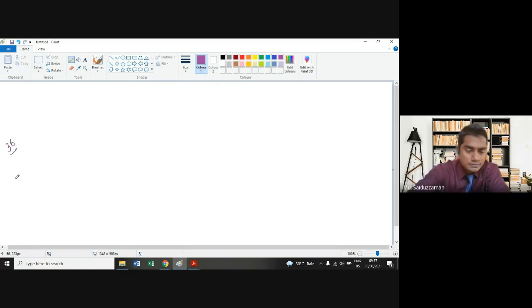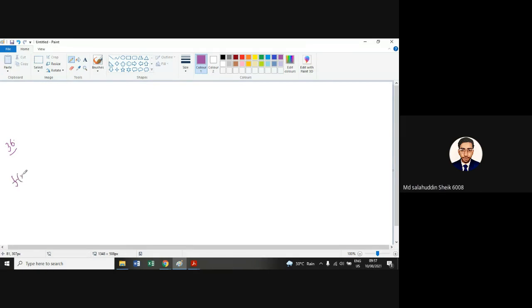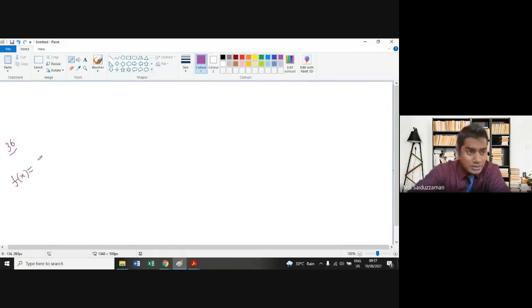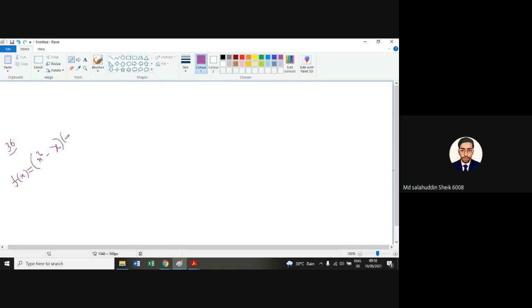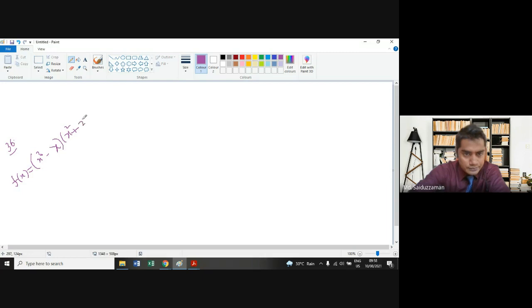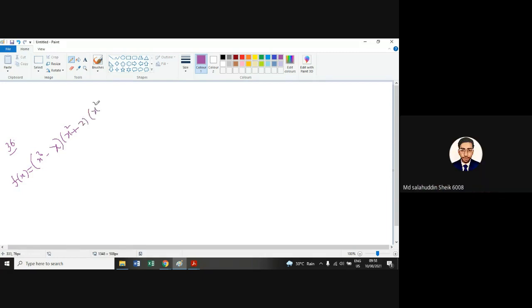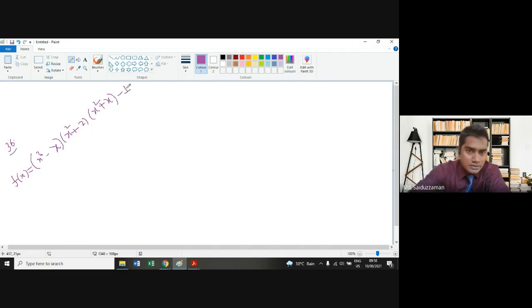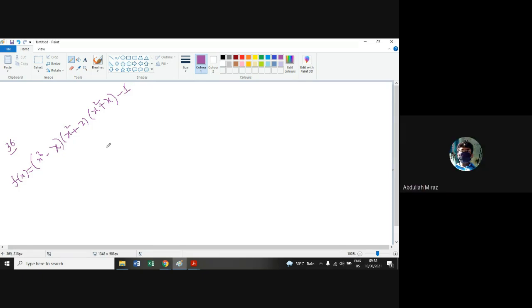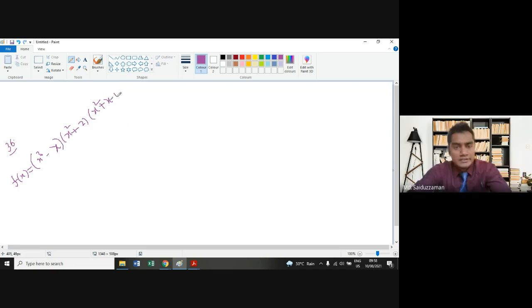Tell me what is that? x cubed minus x, x squared plus 2, and x squared plus x minus 1. Minus 1 in the last one, finally. Yes, the last one is x squared plus x minus 1, like this.